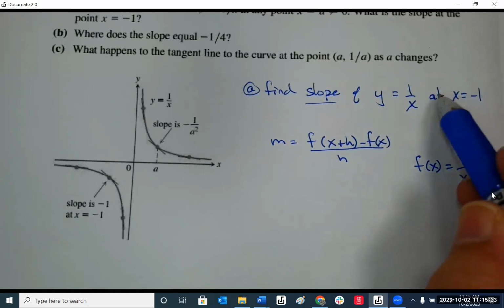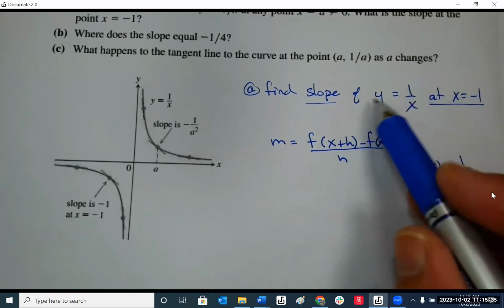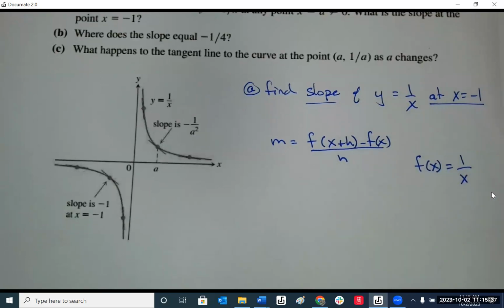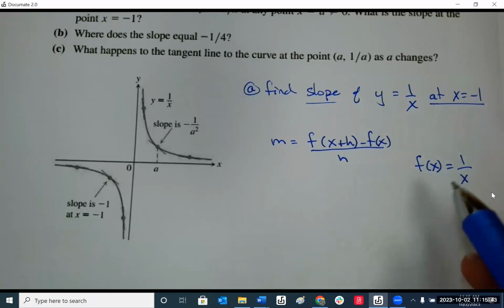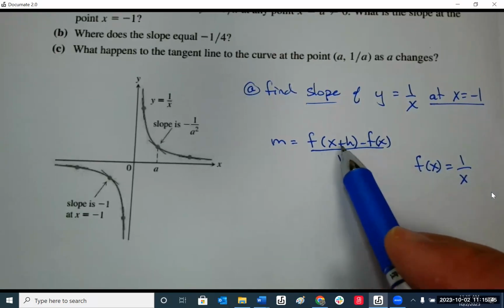Not yet. Once we find the slope, we have to do that. We have f of x, we need f of x plus h.